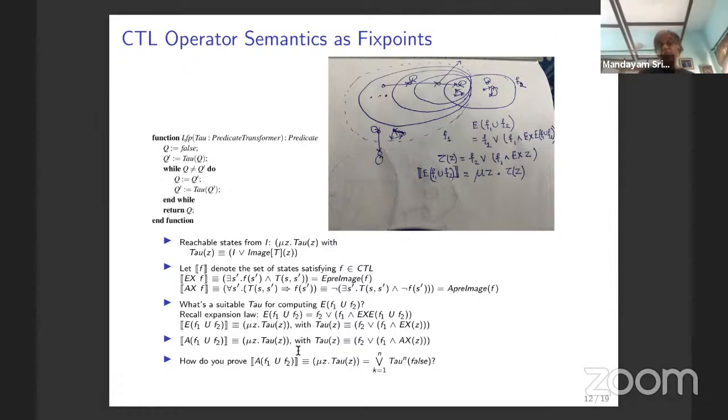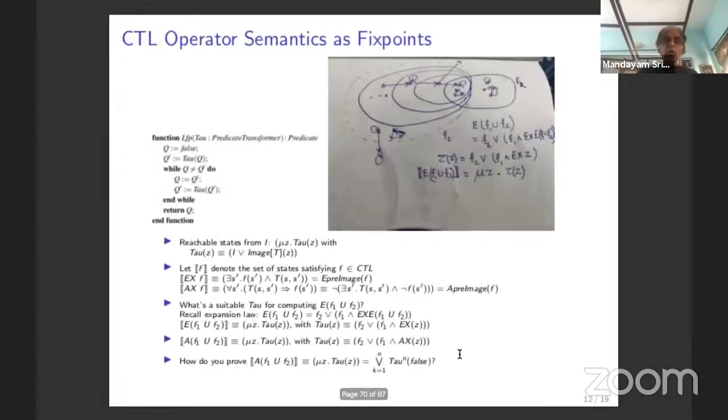How you prove it is a question, which we will get to at the end of this class. On one side, you are computing as a limit of a tau chain. On the other side, you are giving an interpretation to the logical formula. Those two are what you will have to reconcile with each other. I will get to that.